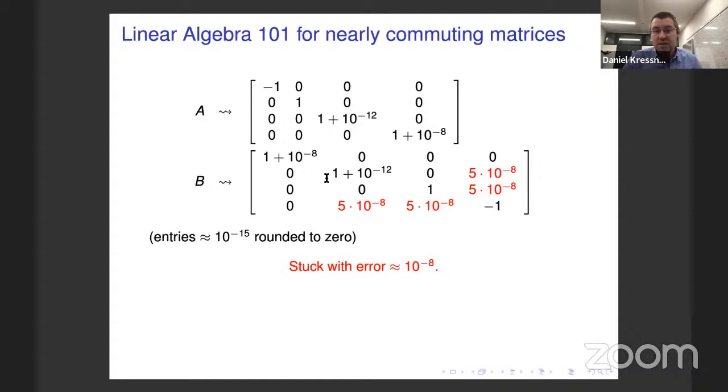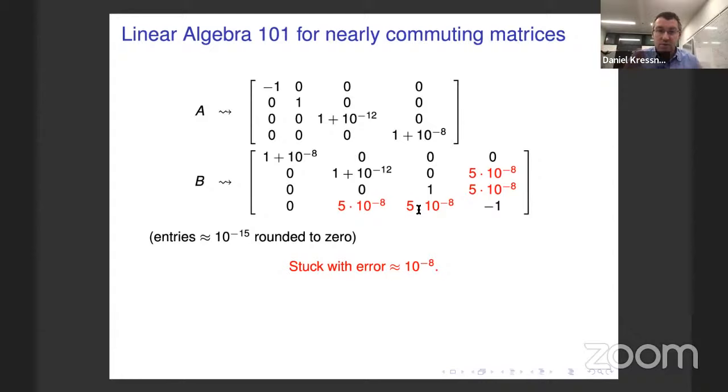So what you see is that you have a block here, which has 10 to the minus 8 off-diagonal entries. But in this corresponding block of A, the eigenvalues are not identical up to roundoff. These are symmetric matrices, so the eigenvalues are not ill-conditioned. This is not a problem here. So you can decide to perturb A to make them identical, and then you diagonalize B, or you can decide to neglect the off-diagonal entries of B, but that's going to introduce also an error of 10 to the minus 8.